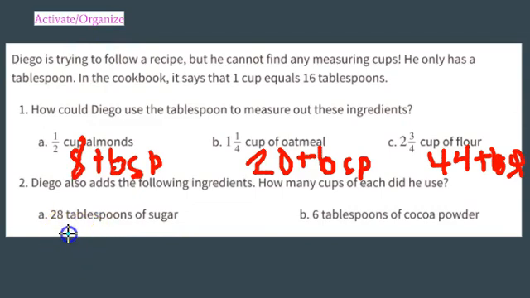So if you do it as a fraction, you have your 28 tablespoons and divide it by 16. How many groups of 16 can you get out of there? 1 whole 1. That leaves us with 12 sixteenths. 12 sixteenths reduces down to 1 3/4.